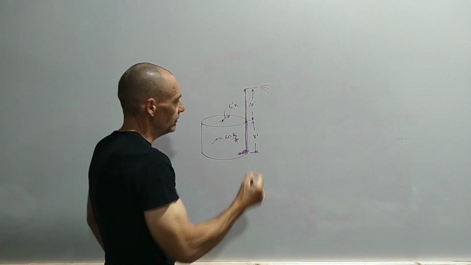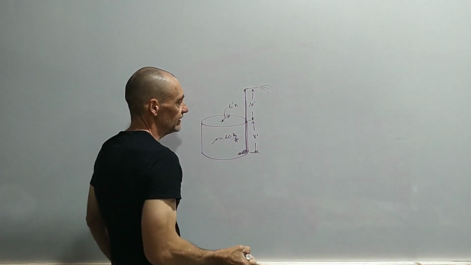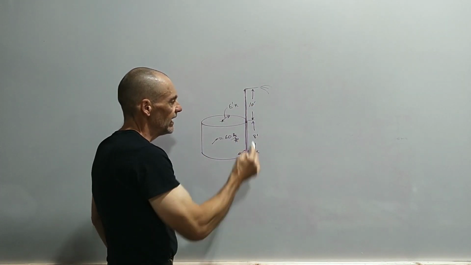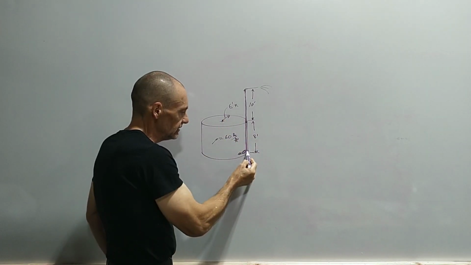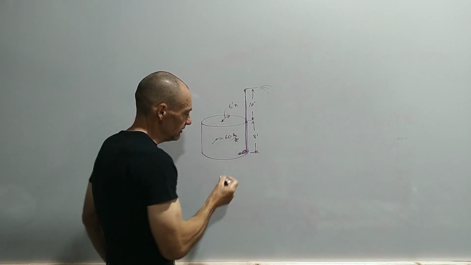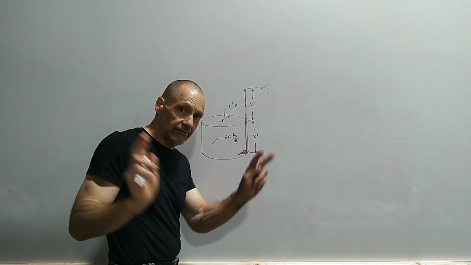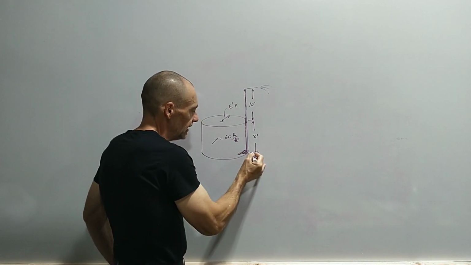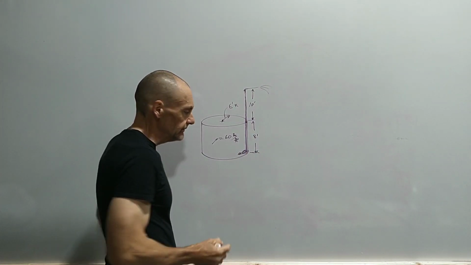So when we start lifting our fluid, how far are we going to lift that fluid? Well, we're going to lift it 10 feet, right? And then as the tank drains down and becomes empty, let's assume that we can completely remove all the fluid from the tank. This last layer of fluid is going to be raised how far? It's going to be raised 18 feet, right?